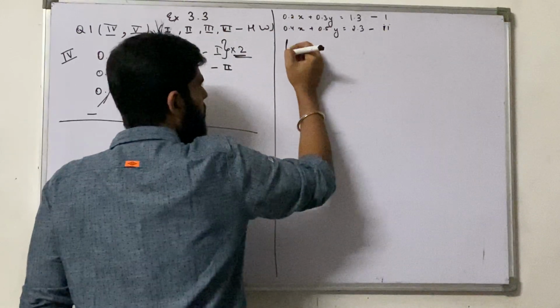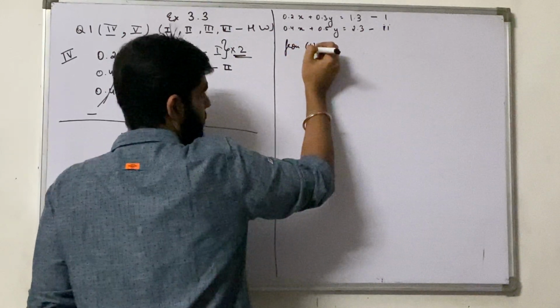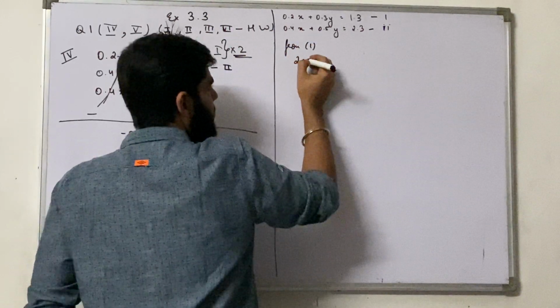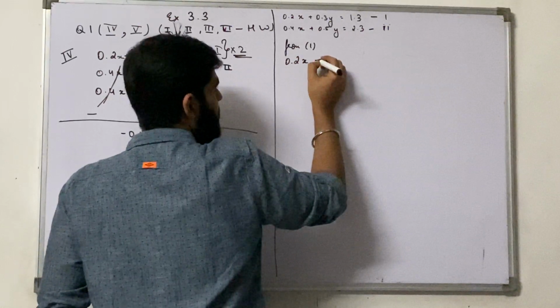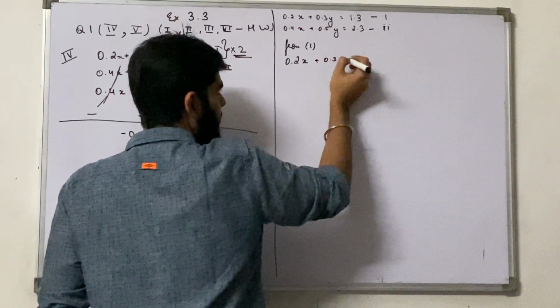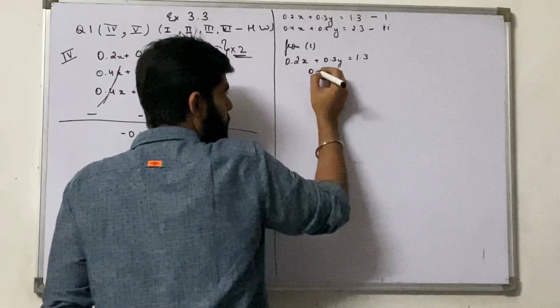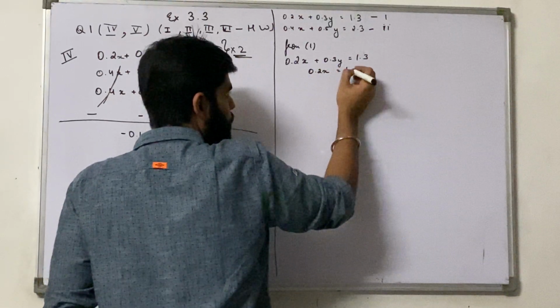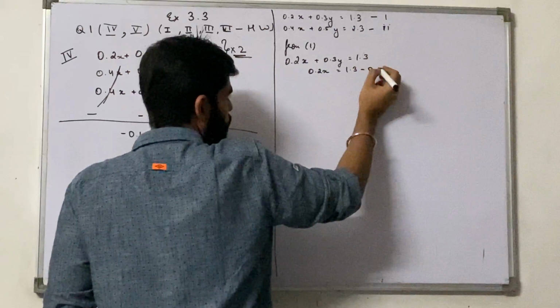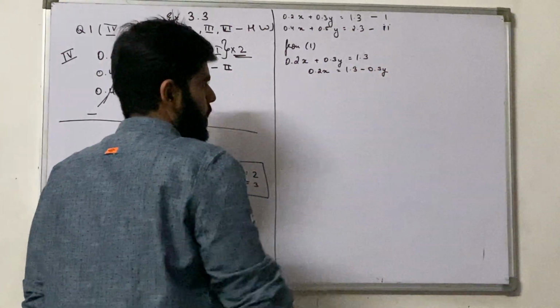Okay, from equation 1 we can write that 0.2x plus 0.3y is equal to 1.3. This will be 0.2x is equal to 1.3 minus 0.3y.